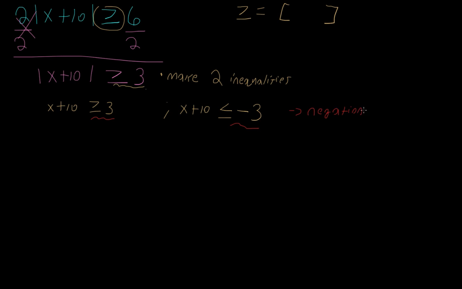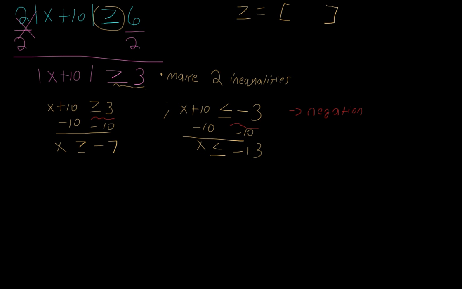There's a negative sign, negation, and the greater than or equal to symbol just flips to its opposite. So now let's solve for this then. You want to isolate the x, subtract 10 from both sides. X is greater than or equal to negative 7. Okay, and over here, subtract 10 as well. X is less than or equal to negative 13.